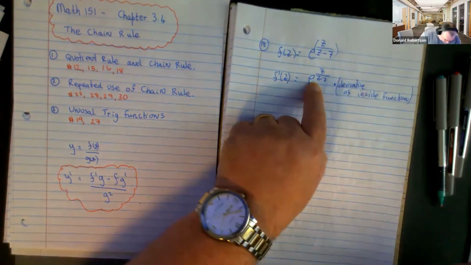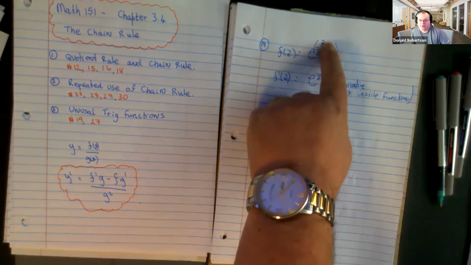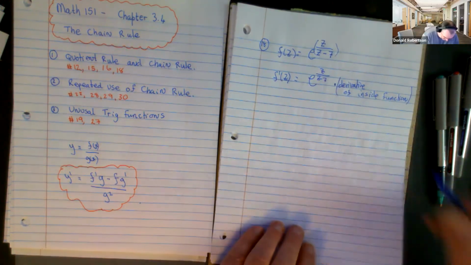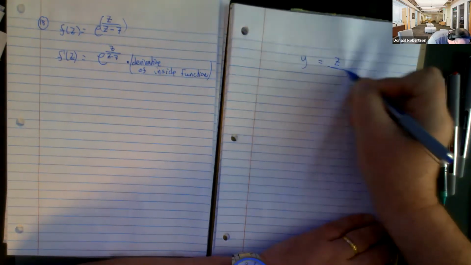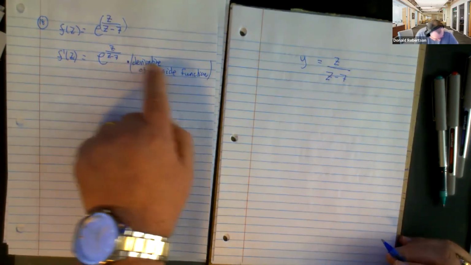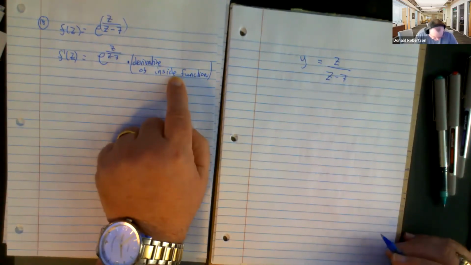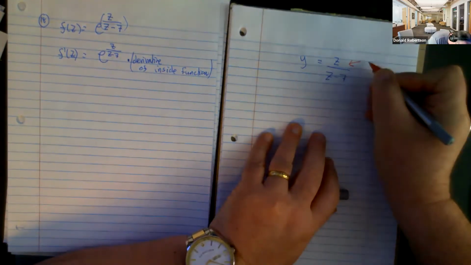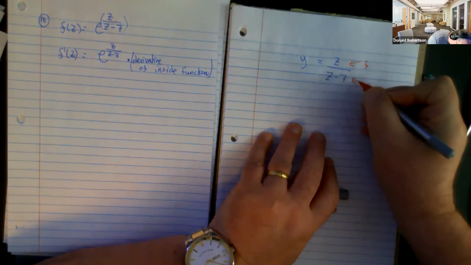Now, in this case, isn't the inside function a fraction? Which means that here is going to be the derivative of this guy. So when I say times the derivative of the inside function, I'm really saying times the derivative of this. So we now have an f on top, a g on the bottom.